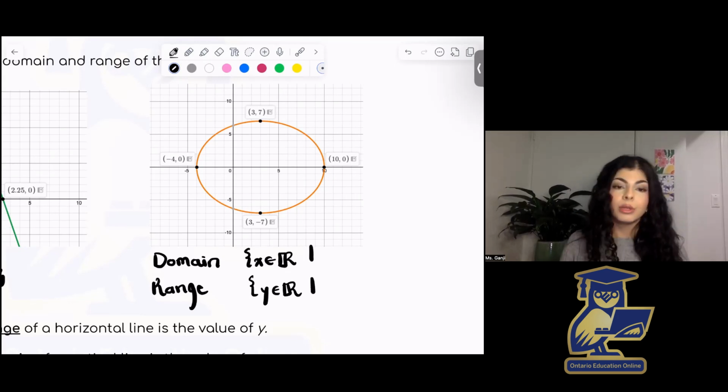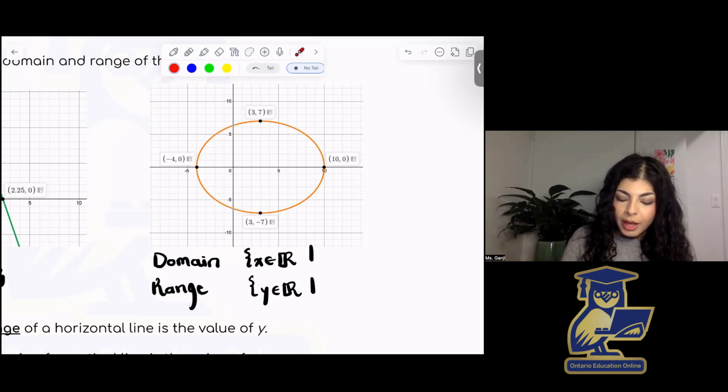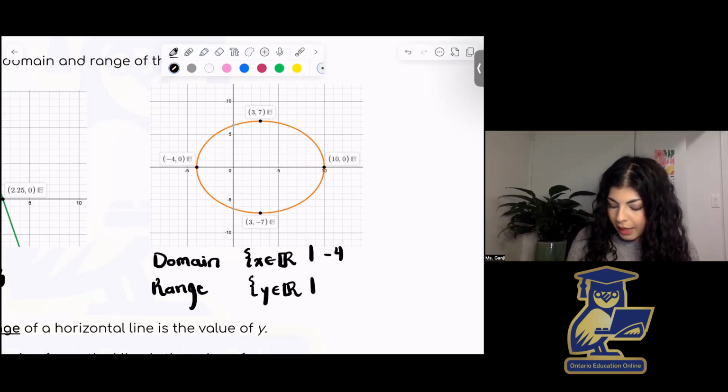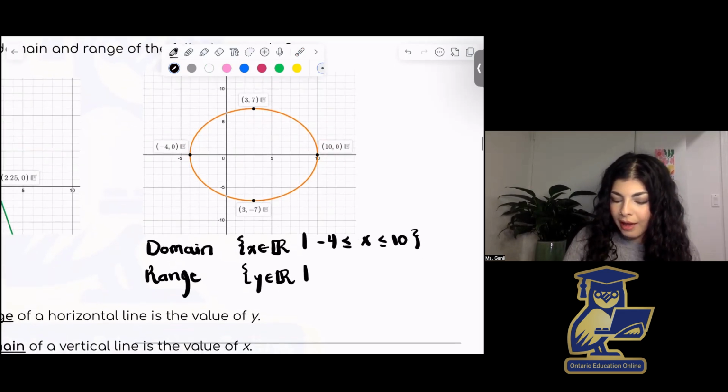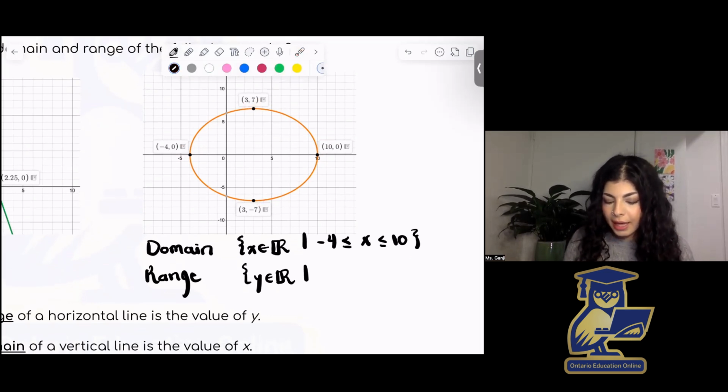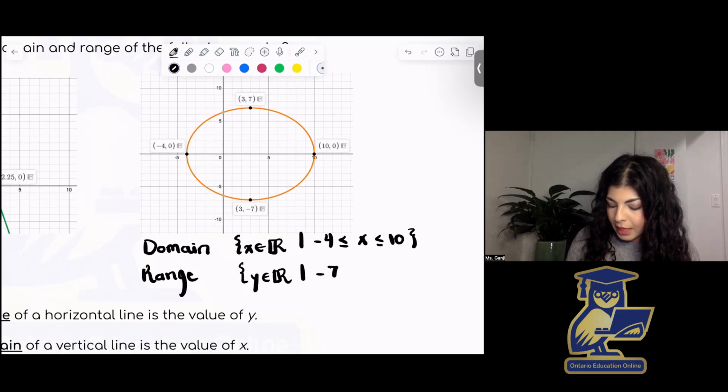And now our restrictions. So our x value starts at -4 here and goes to 10. So my x has to be between -4 and 10. And for y, we have our minimum here at -7 and our maximum here at 7. So -7 and 7.